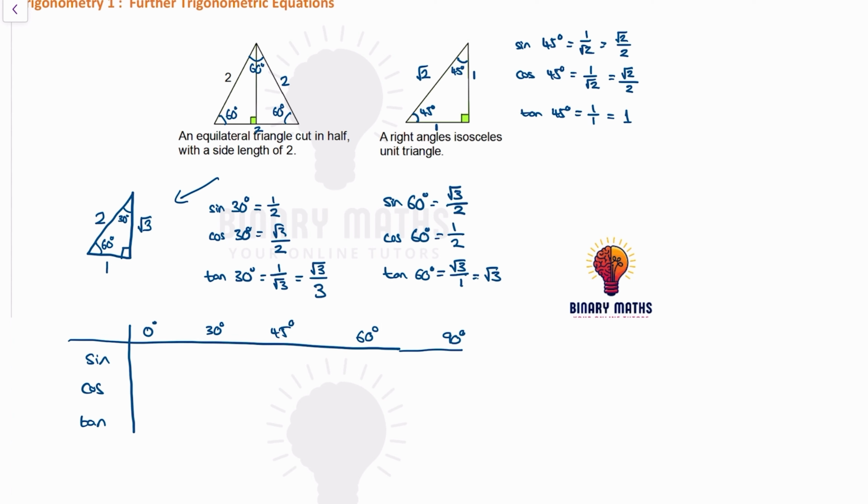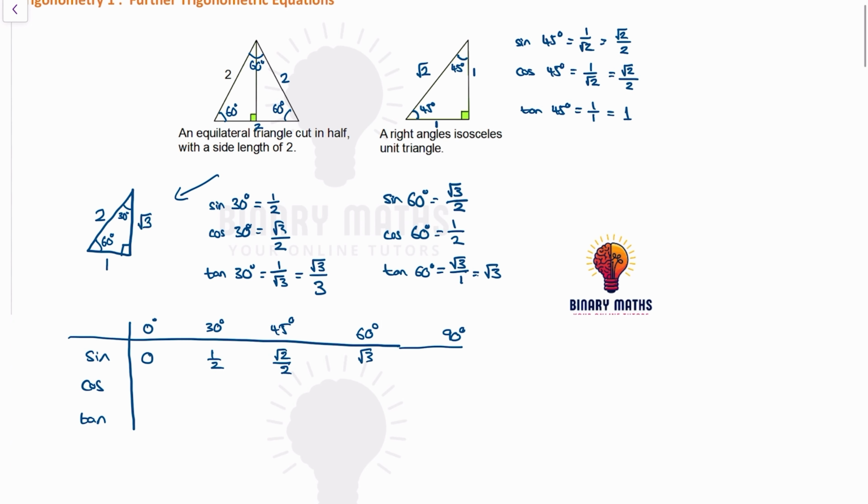Then we know sine graph starts from 0. Sine of 30 is a half. Sine of 45 is root 2 over 2. Sine of 60 is root 3 over 2. And 90 all the way goes up to 1 in the sine graph.